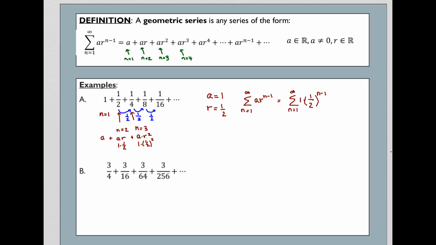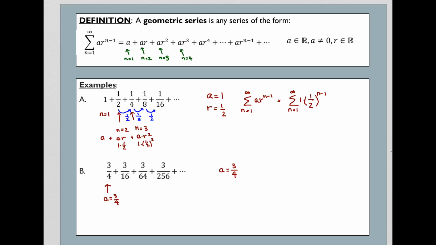Again, a geometric series has an a value that stays constant throughout, and then an r value that's a ratio that starts multiplying from the first to the second to the third to the fourth, etc. In B, the first term is 3/4, so our a value would just be 3/4.